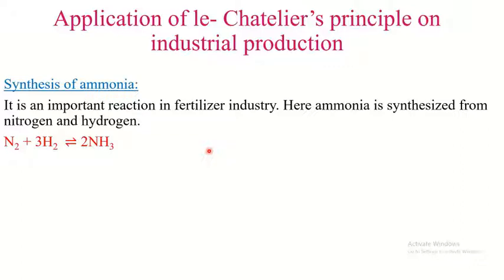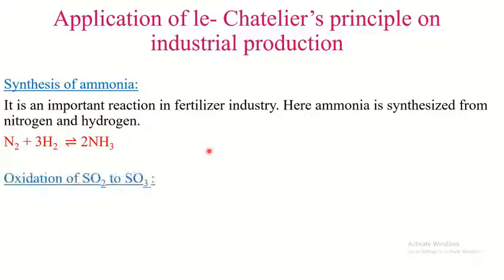By which way can more products be produced? By the forward reaction occurring. The backward reaction is a loss project. So Le Chatelier's principle will be applied in a way so that the forward reaction rate can be increased, and more product can be produced by the reaction.